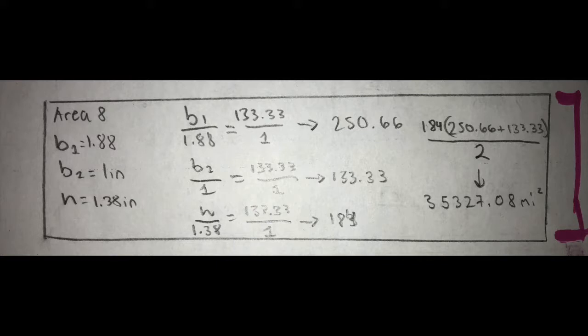For the height, we set a ratio h over 1.38 inches equal to 133.33 over 1, getting a total of 184 miles. We then added the two bases, 250.66 plus 133.33, and then multiplied that sum by 184. After that, we divided it by 2, getting a total square mileage of 35,327.08.